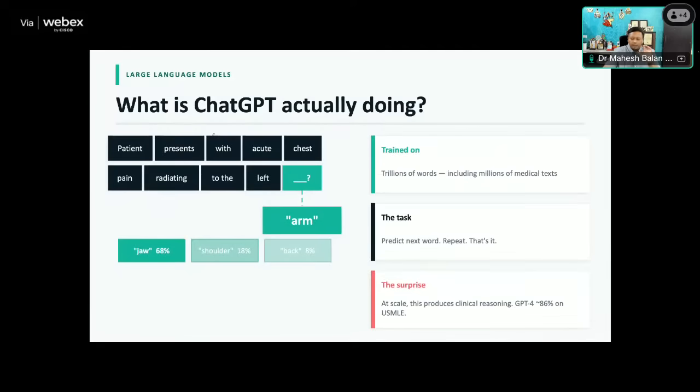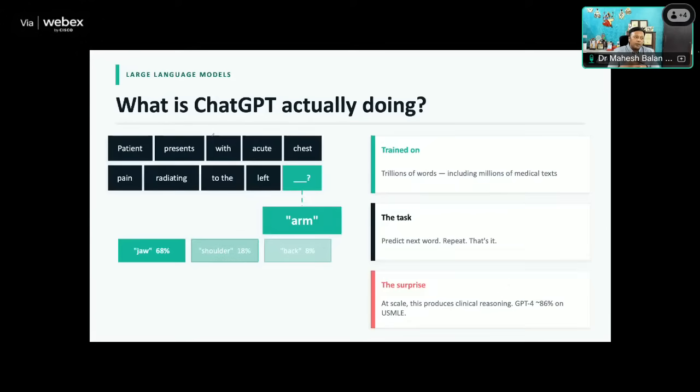So I'm going to draw parallels to ChatGPT. How ChatGPT works is it tries to predict the next word. That's all it does, right? So when you see hi, then it predicts hi how, and then hi how can I, hi how can I assist, hi how can I assist you, question mark. So that's how it goes, right? It's basically predicting what comes next.